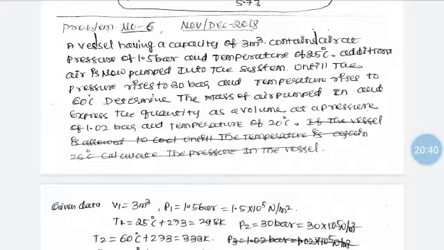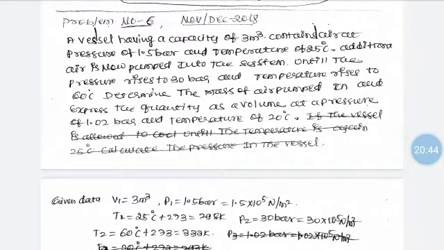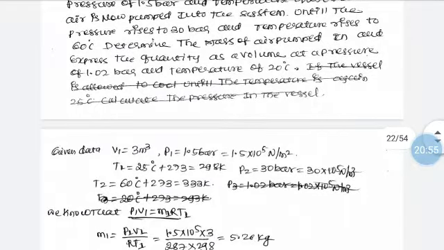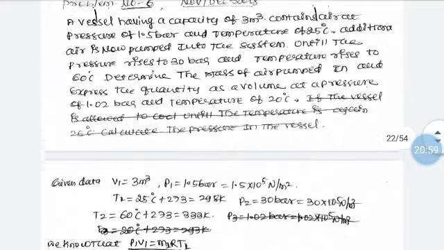After adding that additional air, we have to calculate the mass of air pumped in, and express that quantity as a volume at a pressure of 1.2 bar and temperature of 20 degrees Celsius. So this we have to find out.